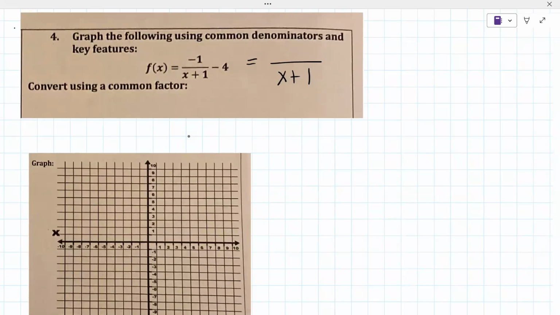So, vertical asymptote would be, well, hang on. You said you're going to convert it to single fractions. Give me the numerator. I got -4x minus 5 over x plus 1. That's really good.